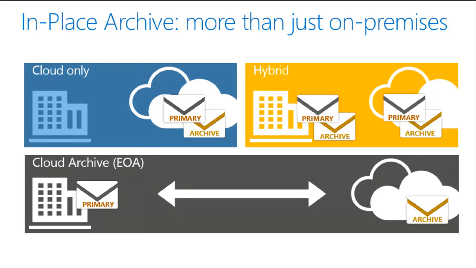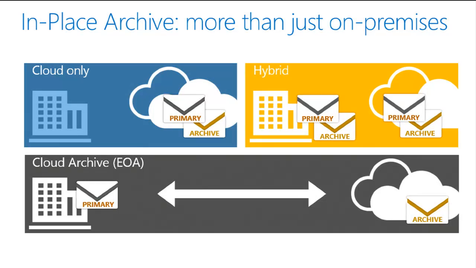So we started with on-premises archive, where in Exchange 2010, you created an archive. It used to be on the same mailbox database as your primary mailbox. Then in SP1, we changed it and allowed you to have a mailbox database for your primary, and you could have the archive on another mailbox database.